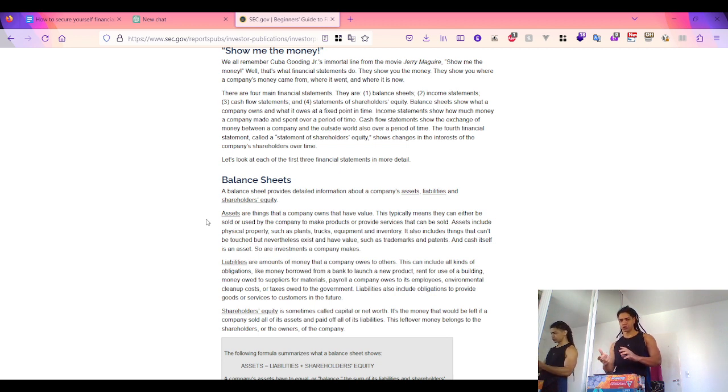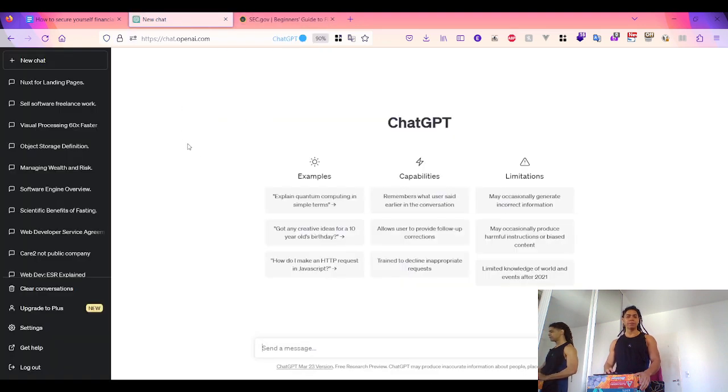And when it comes to the operating liabilities, we have accounts payable, which is a certain amount of money that a company owes to another company for service that has been enjoyed.